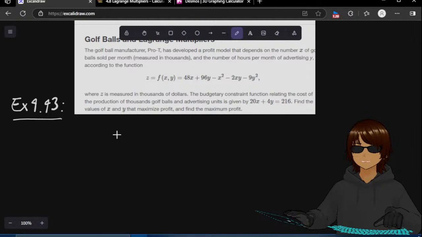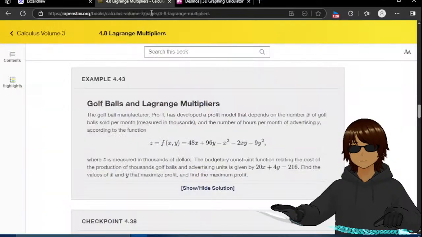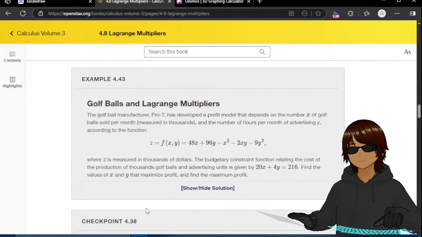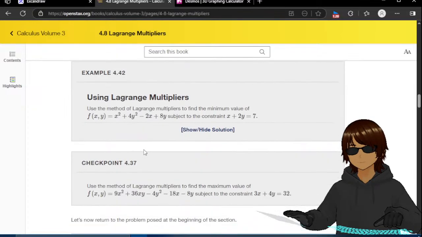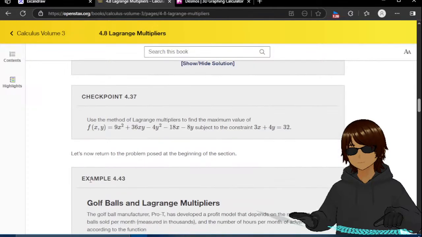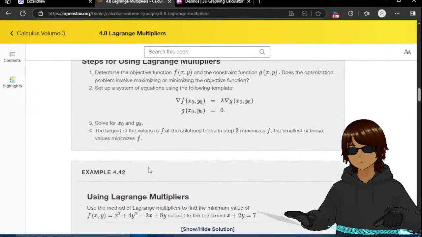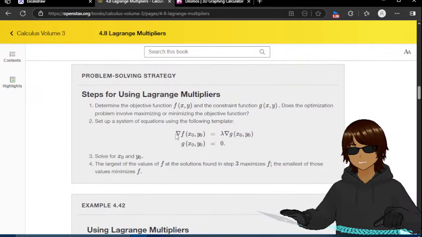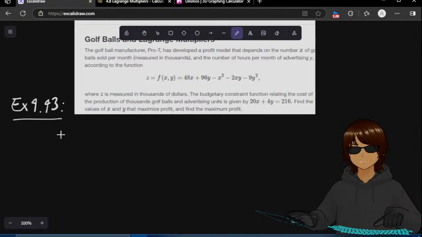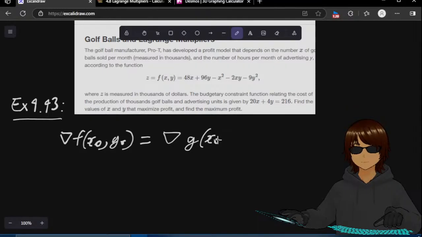No, but wait, we need to find this. So this grad f, g of x naught, y naught, and this is 0.